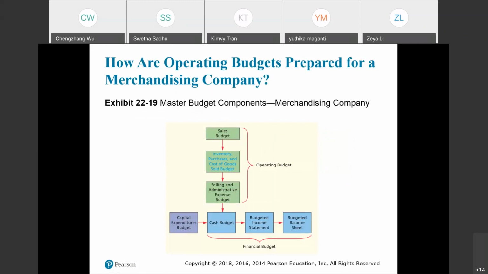Okay, merchandising companies. This slide shows the structure of the master budgets for merchandising companies.